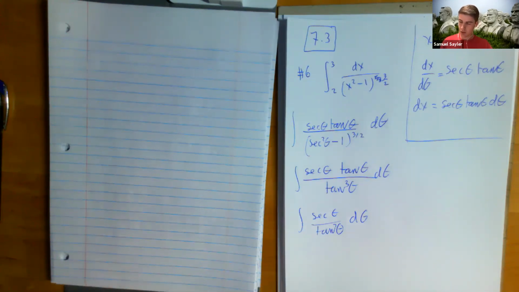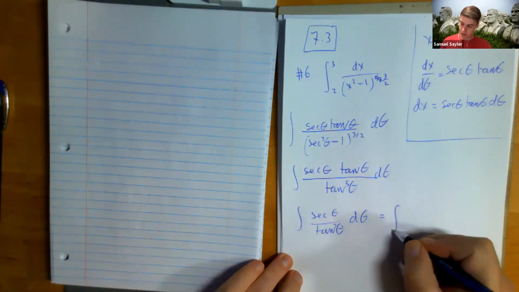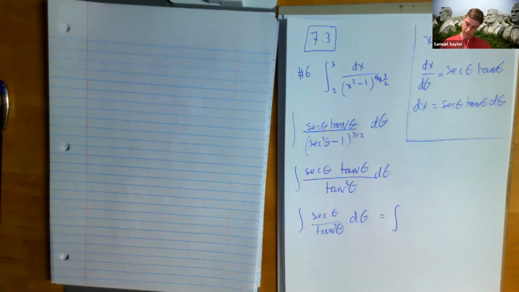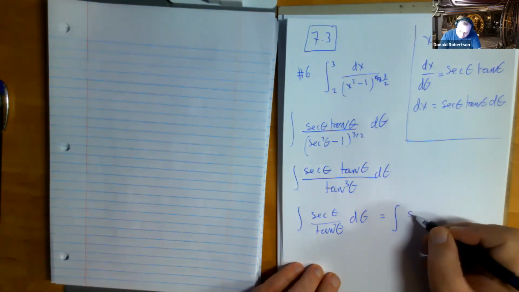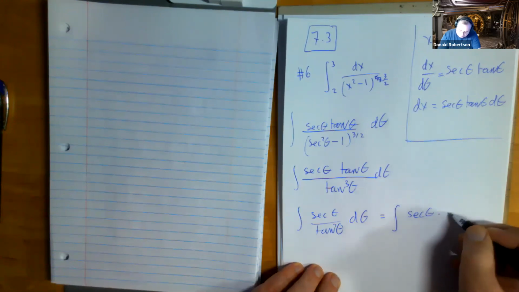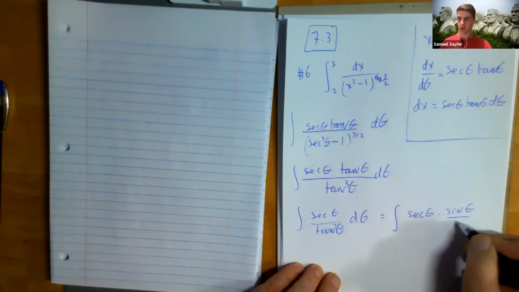Okay. Here, I'm writing it down. Tan theta. So bringing the tangent to the top and changing it to sine over cosine, it changes to cosine over sine.